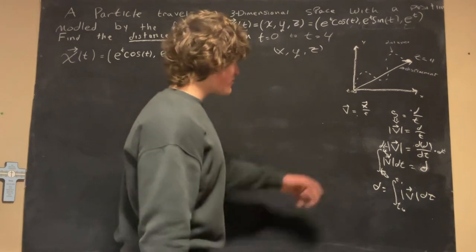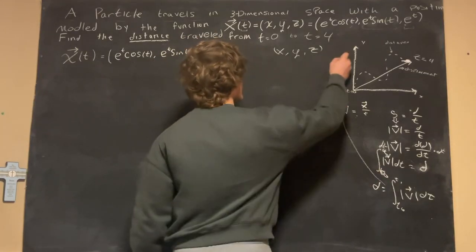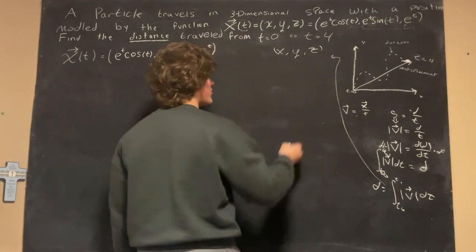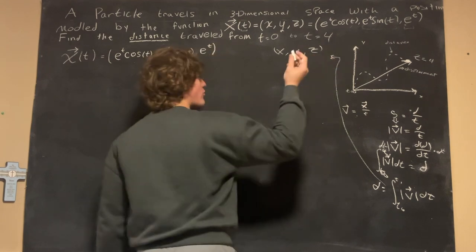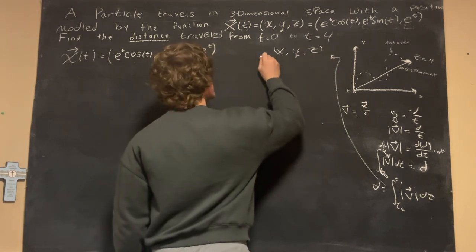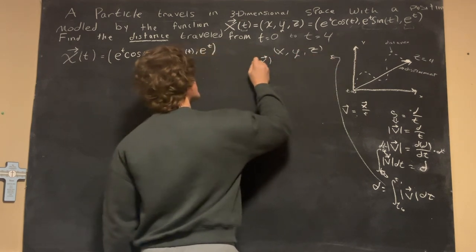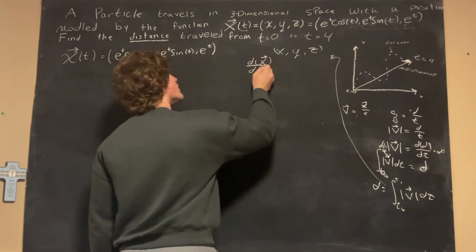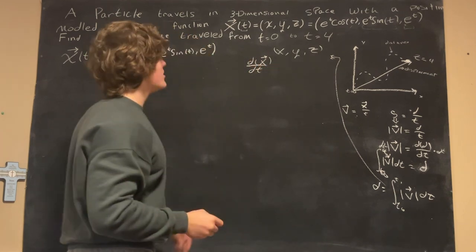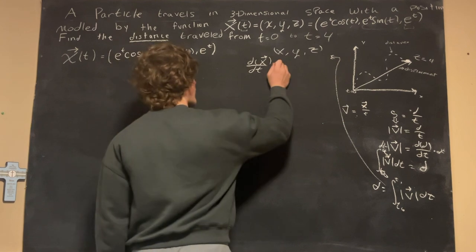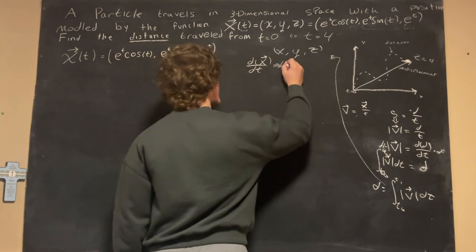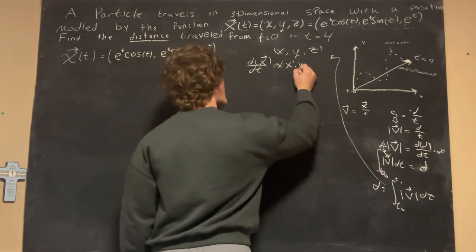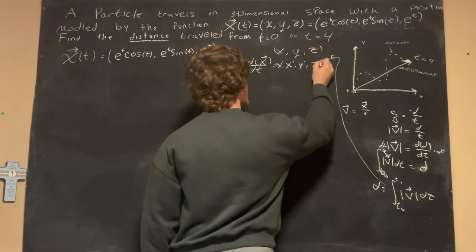Now, if you remember, let's go back up here. If you remember, our velocity is the derivative of our position with respect to time. So this outputs, I will say, x prime, comma, y prime, comma, z prime.